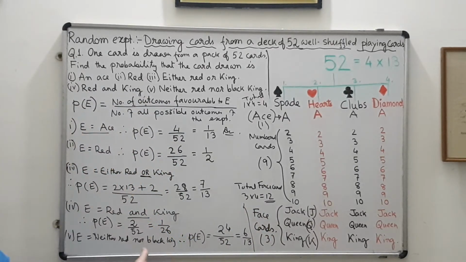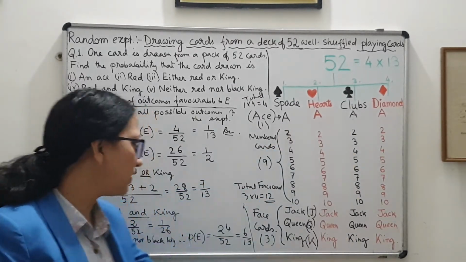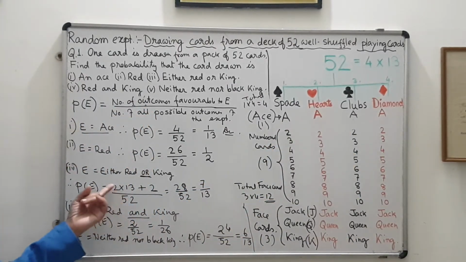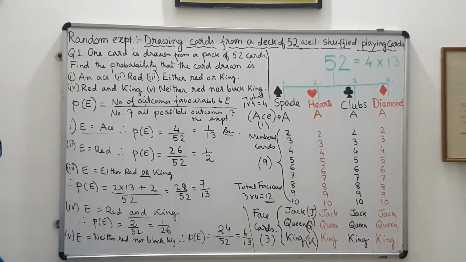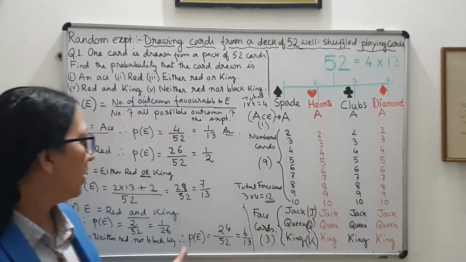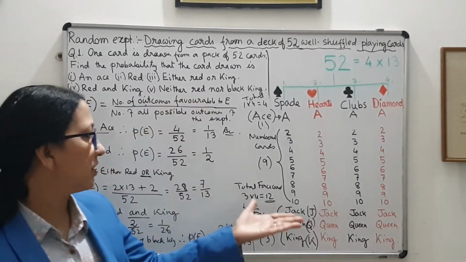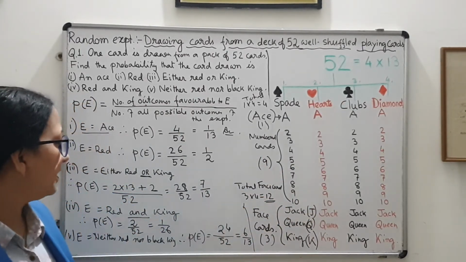So finding the probability of this kind of questions, it is very important to know the nature of the sample space, and then only you will be able to write the correct number for the favorable outcomes. So I think you will be able to solve any kind of card problems, this kind of question, if you know the sample space very correctly.